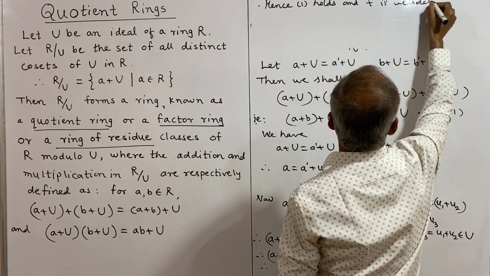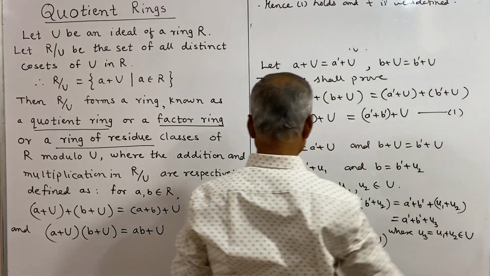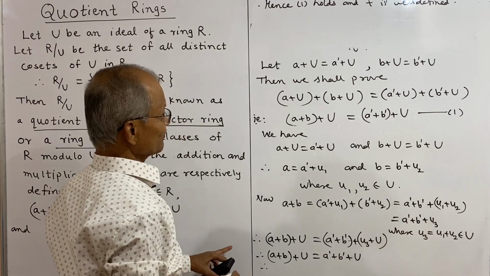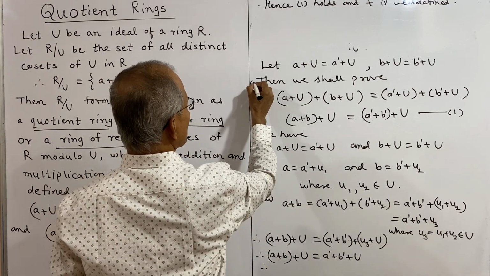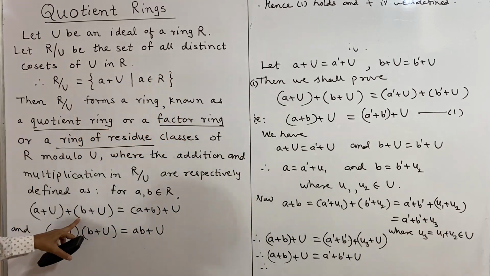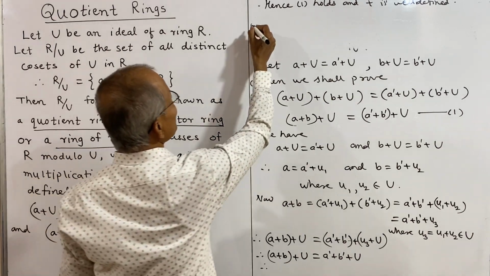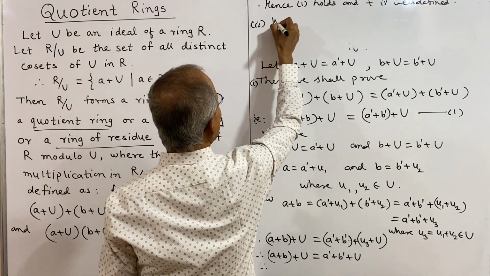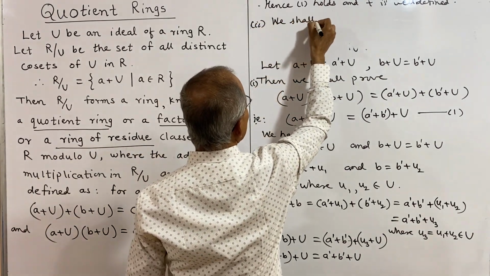Now next we shall check for multiplication. So this is what we have checked for addition. Now second, we shall prove multiplication is well defined.